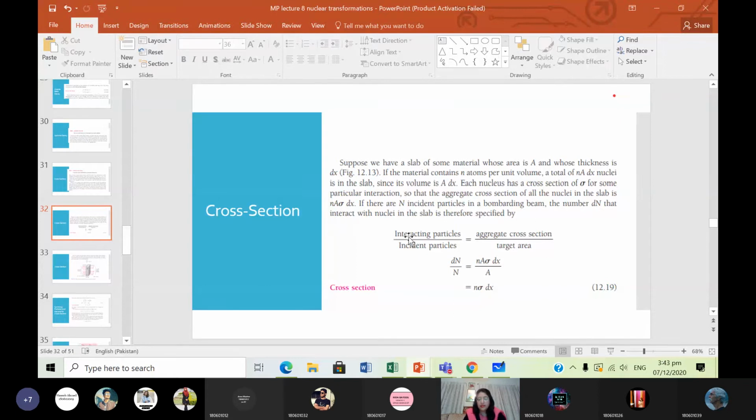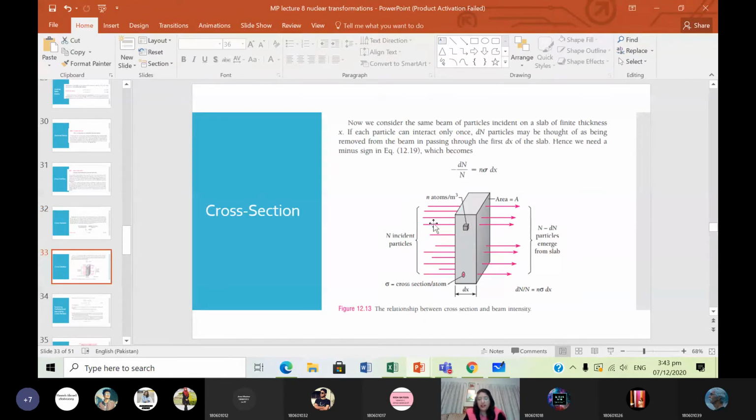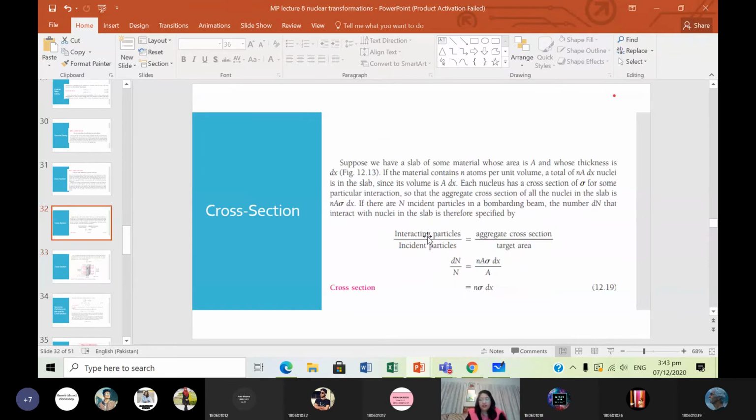Then we have to find interacting particles divided by incident particles. So basically what we're saying here is that if we have incident particles, some of them will interact with this material, some of them will just pass through. So we want to find an equation for the number of interacting particles divided by incident particles.